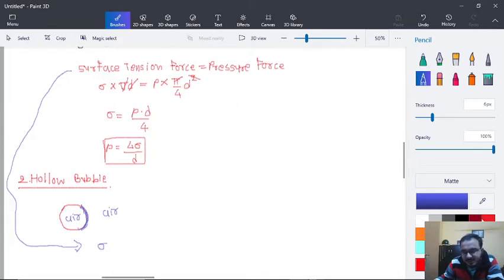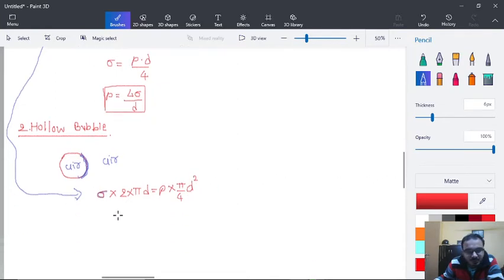In this case, sigma multiplied by 2 into pi into D is equal to P multiplied by pi by 4 D square.